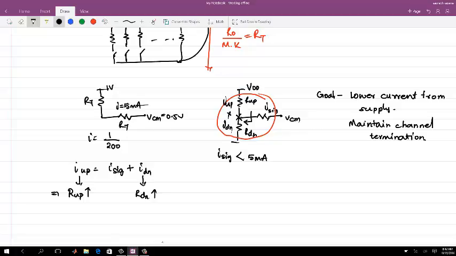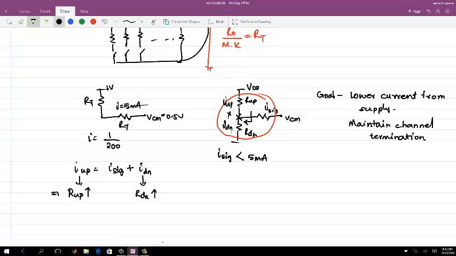If you want to lower the current, you have to increase the total resistance seen under the supply. But the constraint is that you still want to maintain the channel termination. This is the only node you have, so you have to put some resistance there.